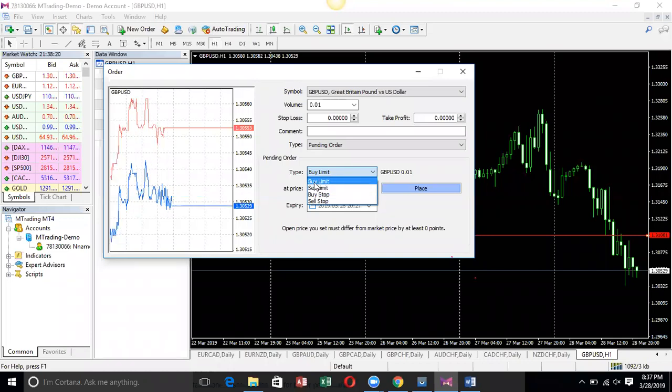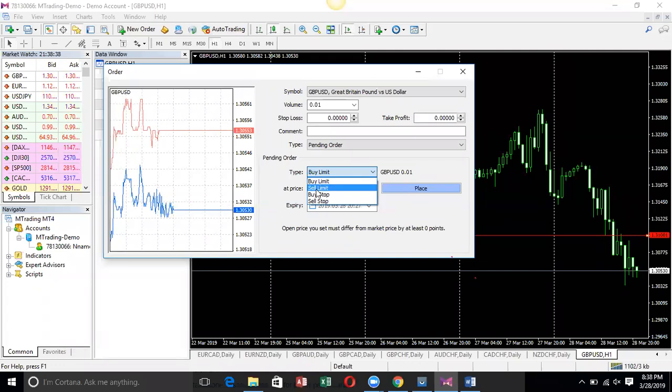Buy limit is used when you want to buy below the current market price.